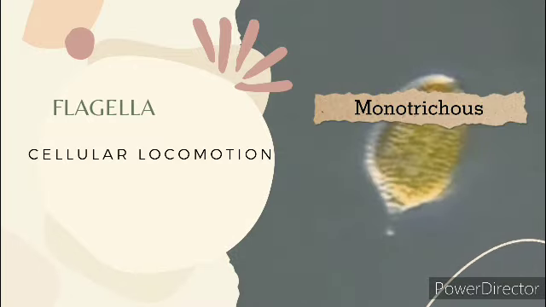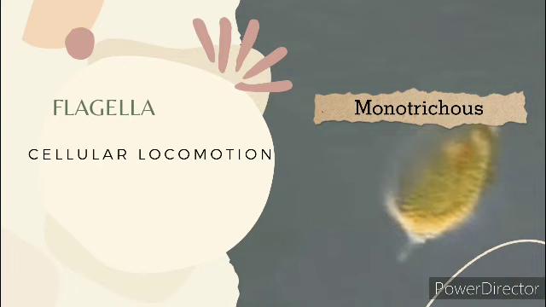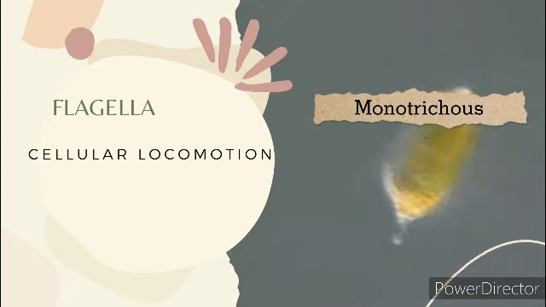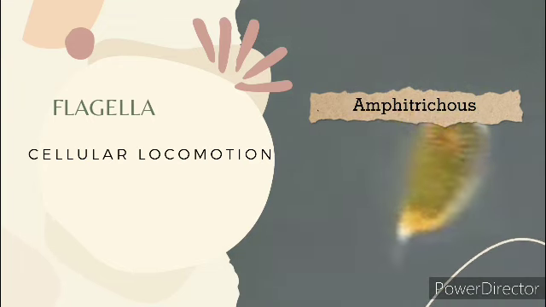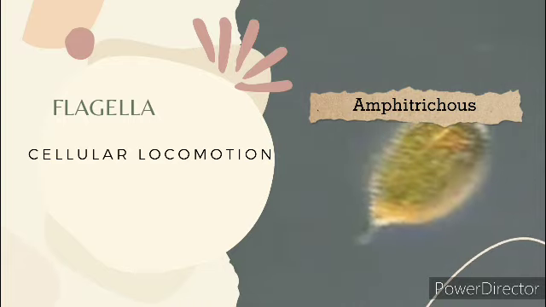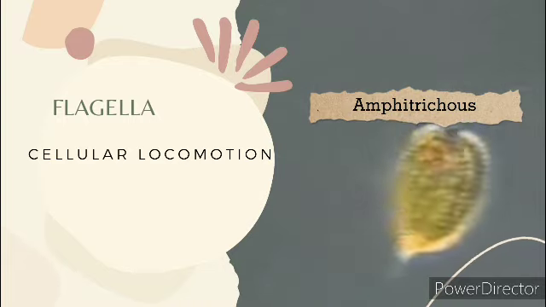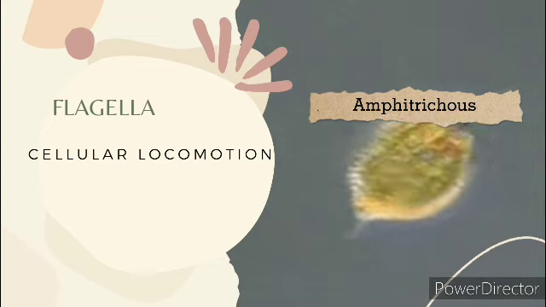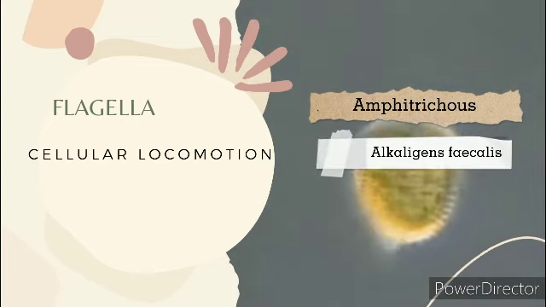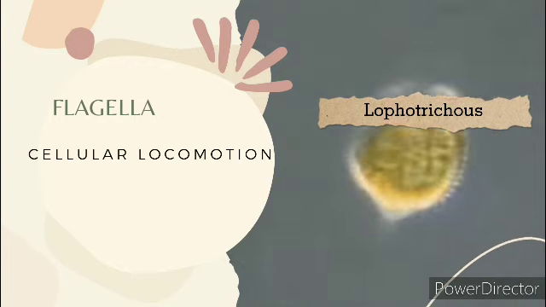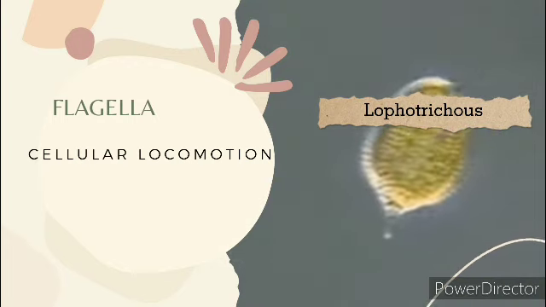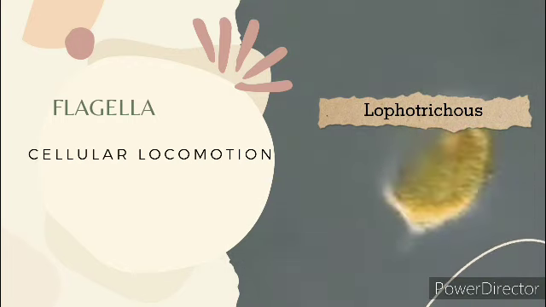First is monotrichous, a singular polar flagellum, an example of which is Vibrio cholerae. Amphitrichous, a single flagellum on both sides, an example of which is Alcaligenes faecalis. Lophotrichous, tufts of flagella at one or both sides.